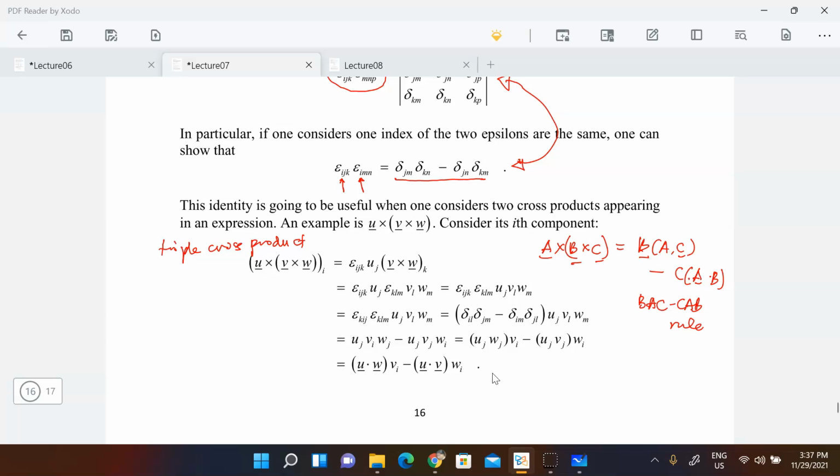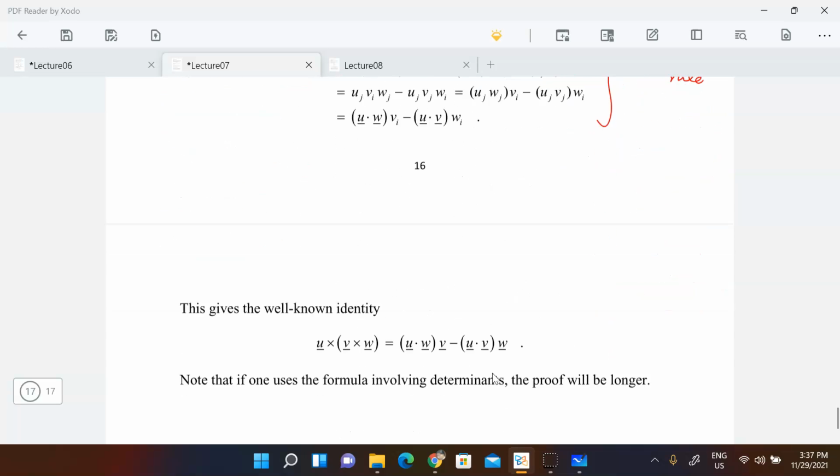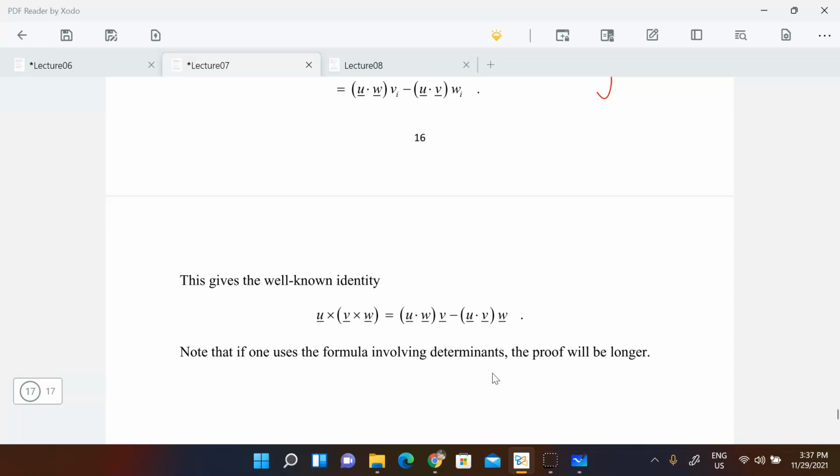But with the index notation and with this identity, you are able to do this much of a proof. How many lines? 1, 2, 3, 4, 5, and the next page is 6. So 6 lines, instead of expanding your determinant so many times. So that's the utility of this index notation.